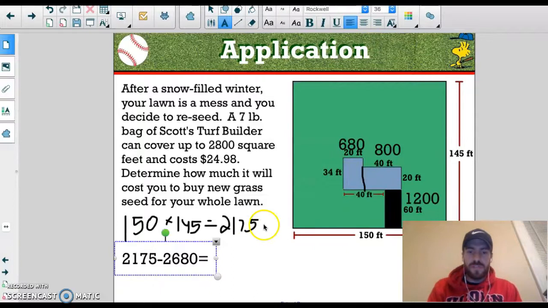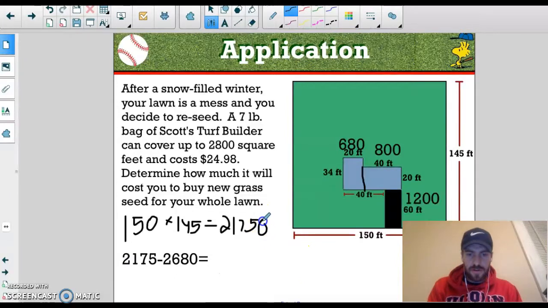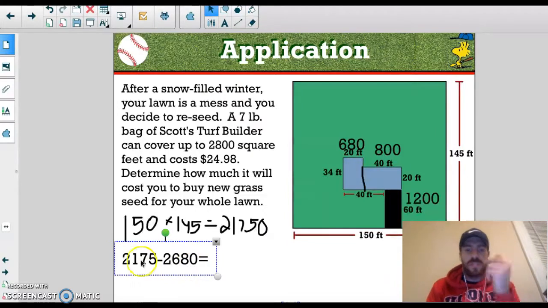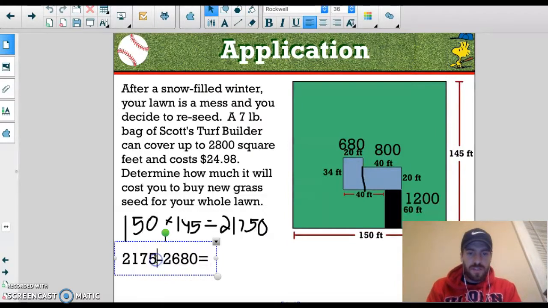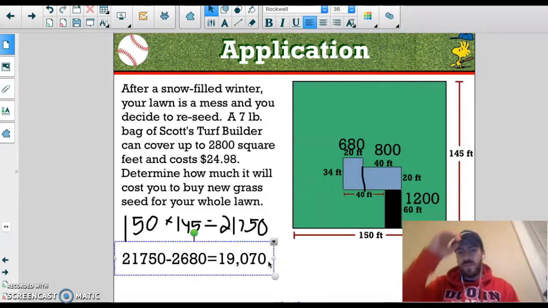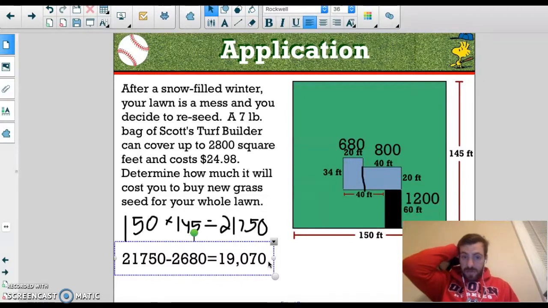Oh, I forgot a 0. Silly me. 0 here. Because that would have given us a negative number. See, math, logic helps you figure things out, your mistakes. So we subtract 2,680 from that, we get 19,070. So that's how much area we need to fill.